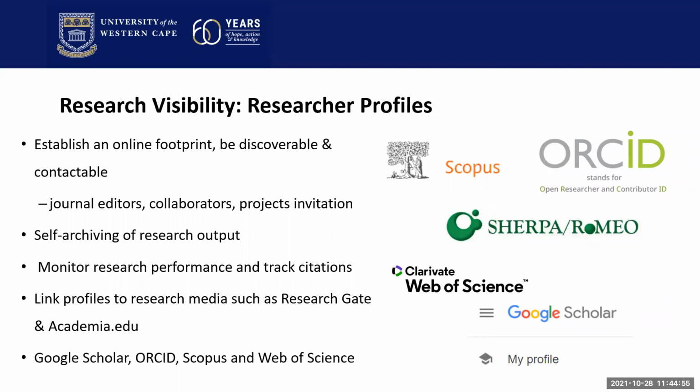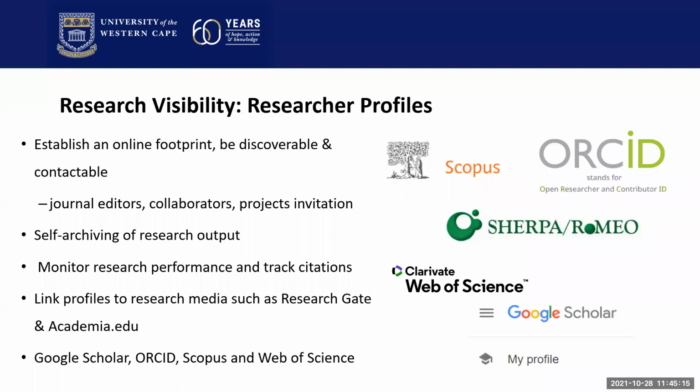So this is another way of enhancing access to your research output, where you can self-archive your manuscript, whether it's a preprint or a post-publication print. That option is also contributing to the research visibility of the researcher.